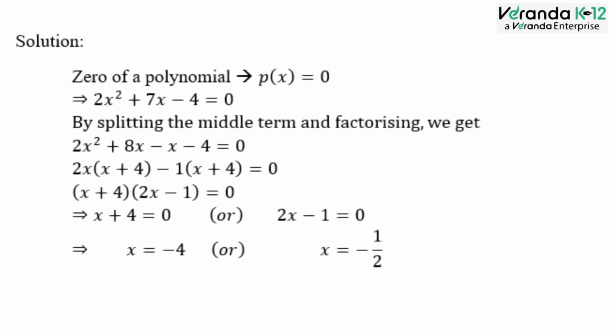Now we can factorize this by splitting the middle term. So middle term 7x can be written as 8x minus x. Now by taking the common factors out, we get x plus 4 and 2x minus 1 as the factors. Equate to 0, we get x value as minus 4 and x value as 1 by 2. Therefore, one of the 0 is 1 by 2.